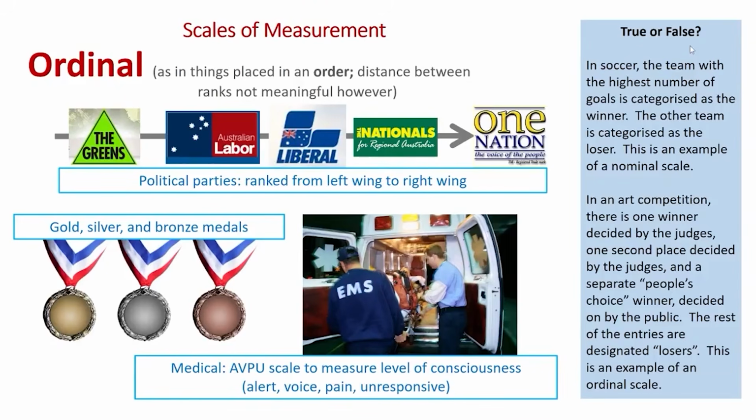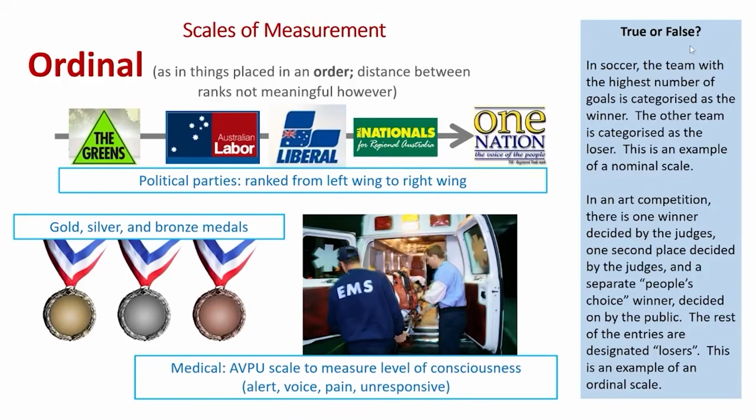Okay, next question. In an art competition, there is one winner decided by the judges, a second place decided by the judges, and a separate People's Choice winner decided on by the public. The rest of the entries are designated losers. This is an example of an ordinal scale. On the face of it, it might look like an ordinal scale, but there's an important exception, which is that we've got this separate People's Choice category, and there's no information about how that category ranks relative to the winners and the losers decided by the judges.